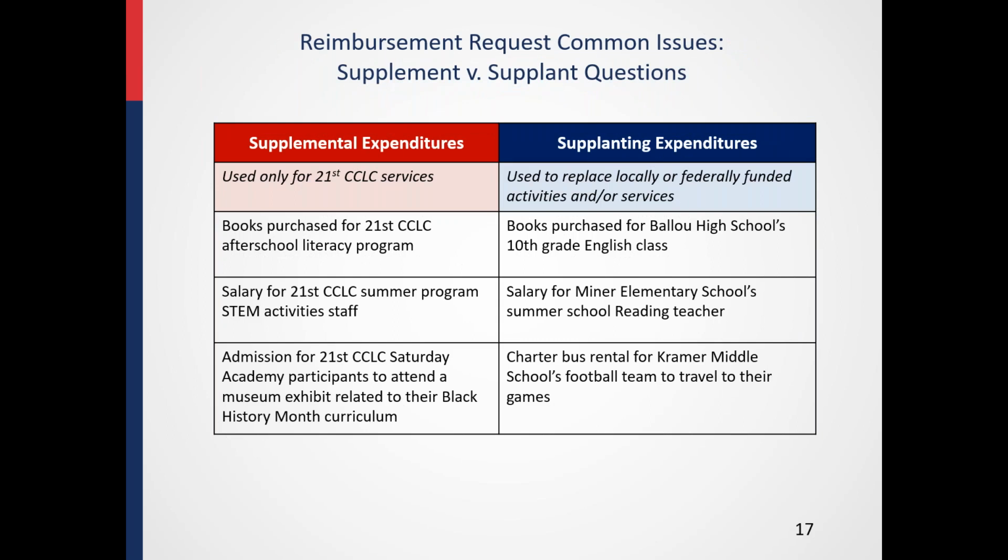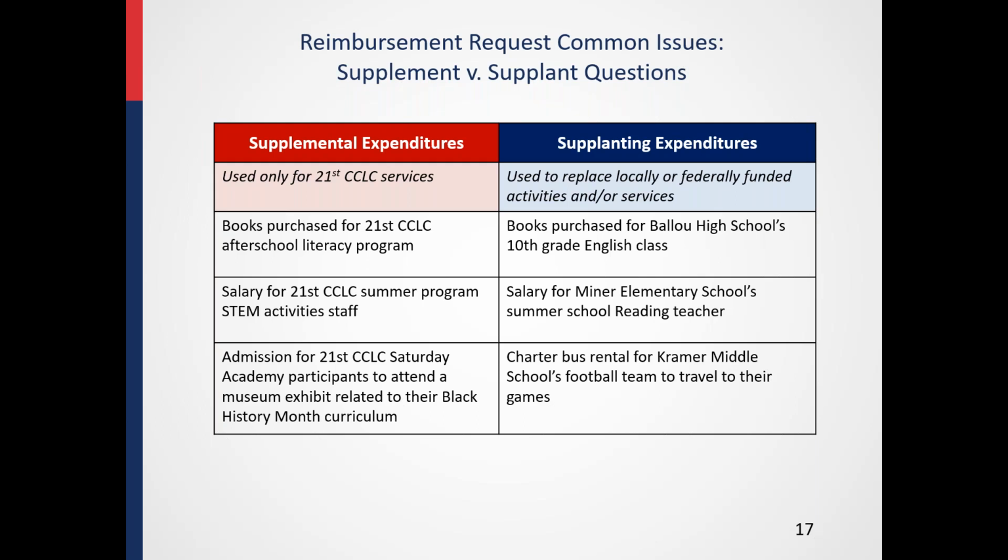Another common issue is related to supplement versus supplanting. Supplemental expenditures are used only for 21st century services and program activities. For example, you could have books purchased for a 21st century after-school literacy program, or the salary of a 21st century summer program STEM staffer, if there was a program related to STEM activities.